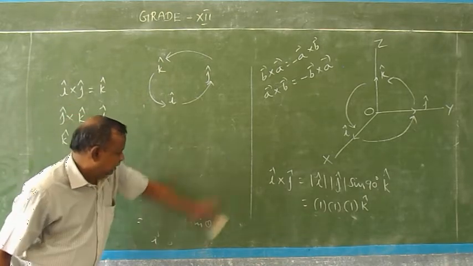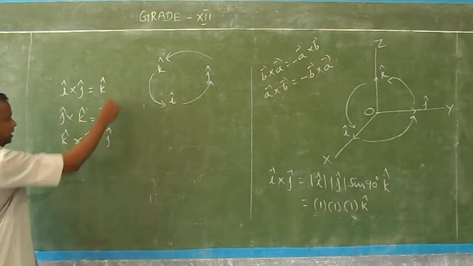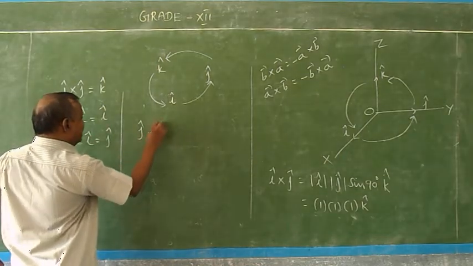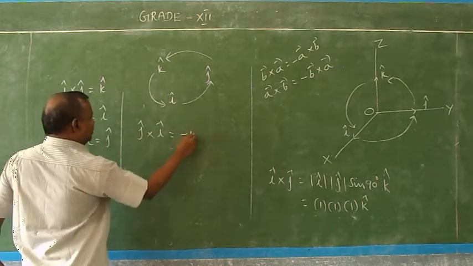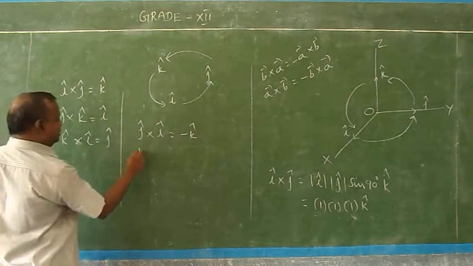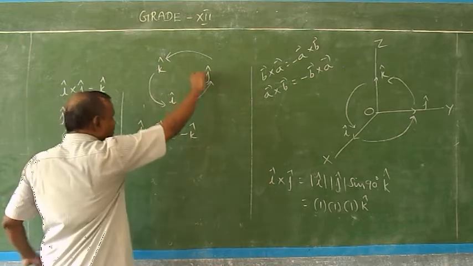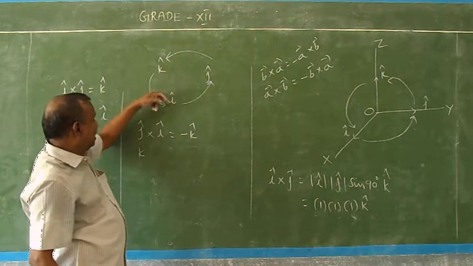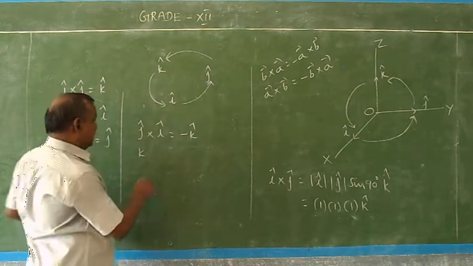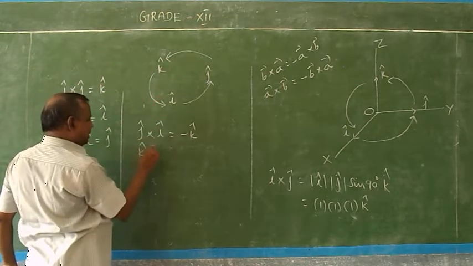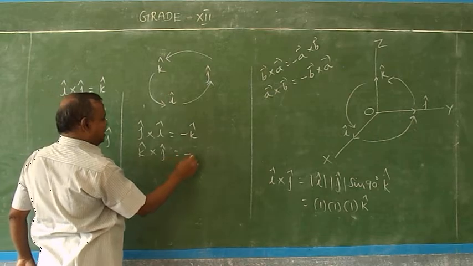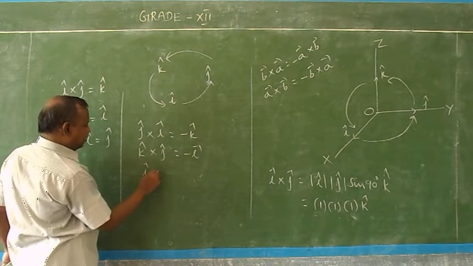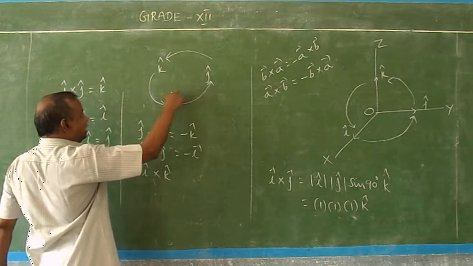So if you calculate in the opposite direction, that is, if you interchange: j cross i means minus k, k cross j means minus i, and i cross k means minus j, in the clockwise direction.